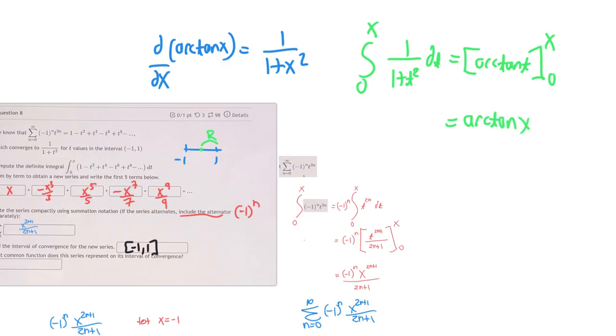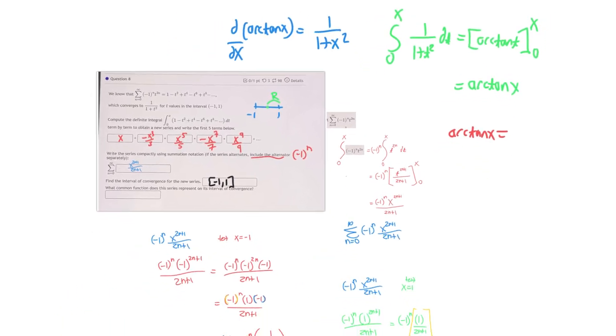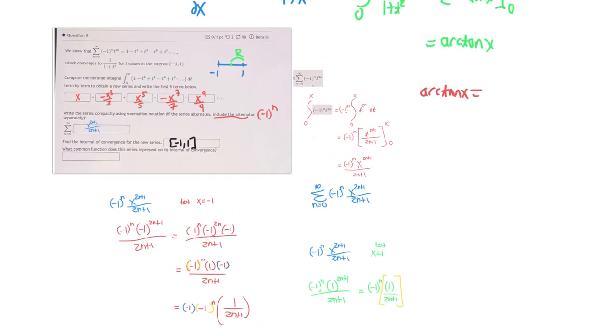So we could say that what we've learned is that arctan of x actually equals this thing.